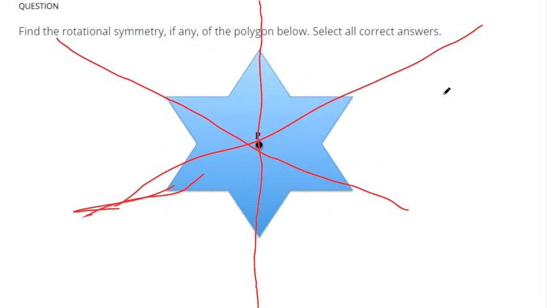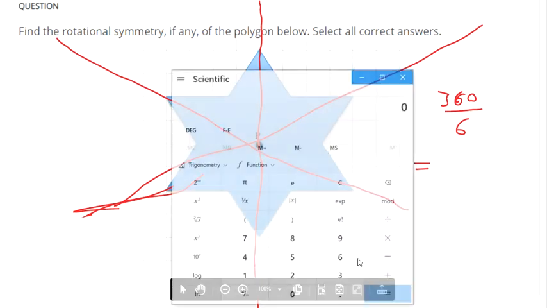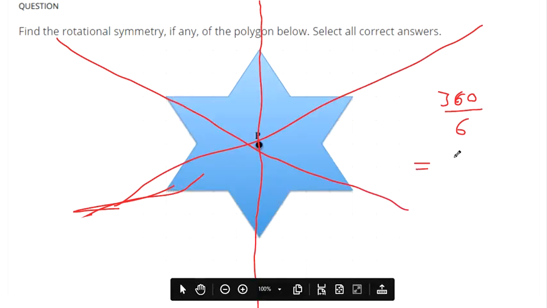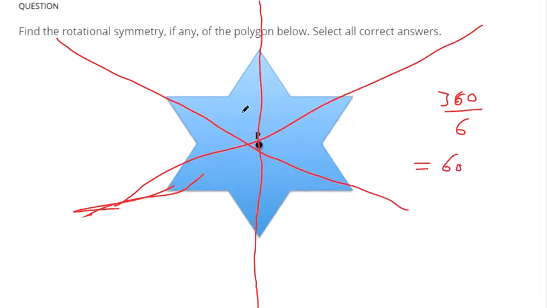So think about 360 degrees, the full revolution around this, the full amount of different rotations we could have. We split it up into 6 different little slices of pizza. There's 6 different rotational symmetry pieces that we could have. So if you take 360, divide by 6, that means 60 degrees is each angle of rotation.